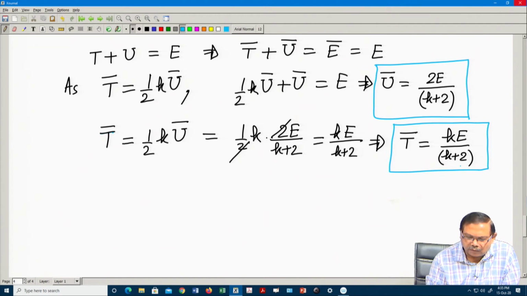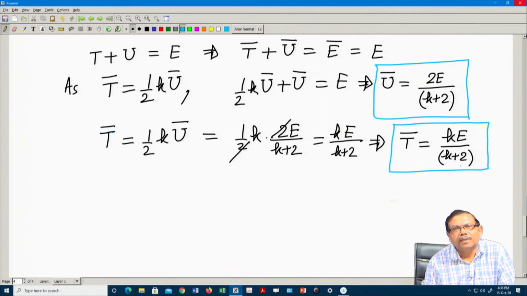For example, potential energy due to gravitational force is like 1 upon r, and similarly potential energy between charges interacting through an electrostatic field is like 1 upon r.